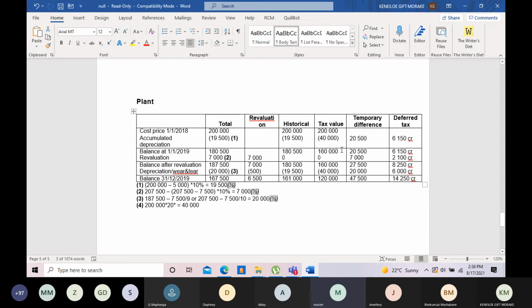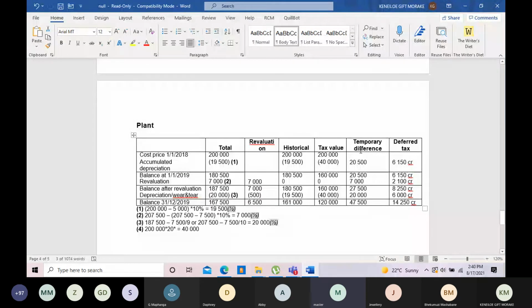For us to determine how much the deferred taxation is, apply the tax rate of 30% in this case. Let's go back there and show you how to determine the deferred tax. You must go back and practice this. So from the temporary differences, you take the 20,500, multiply it by 30%, which is your tax rate, and you get 6,150.